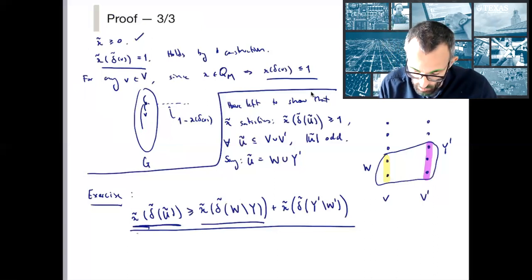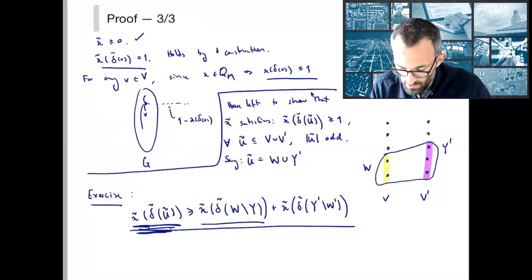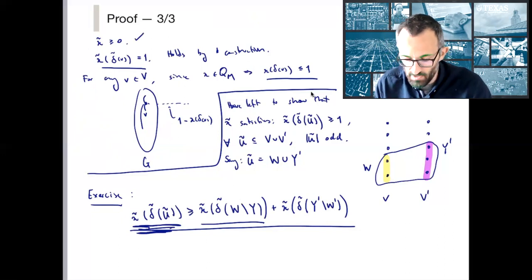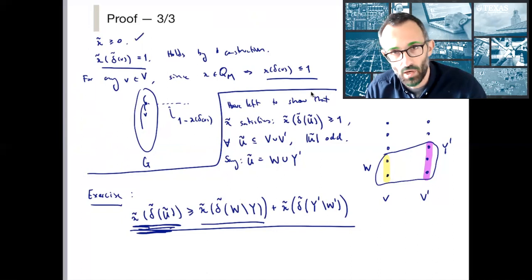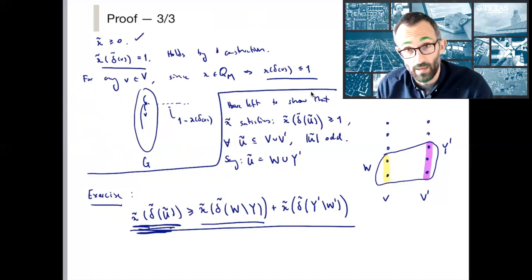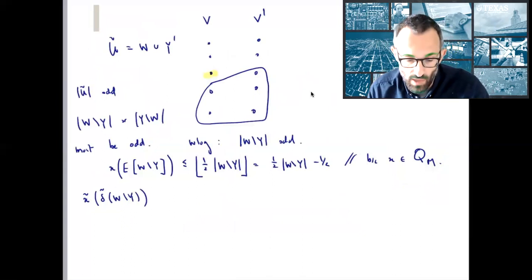As soon as I show that this is lower bounded by 1, then I'm in business. So as you can see, once you've done this exercise here, then it's enough to show that at least one of these two quantities is lower bounded by 1. So this is what I'm trying to do.